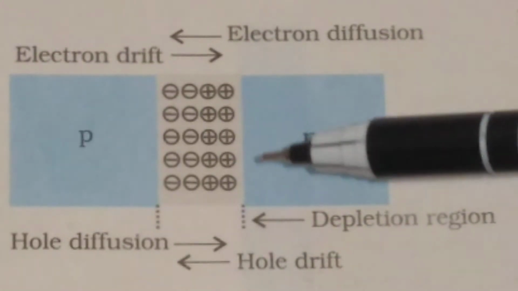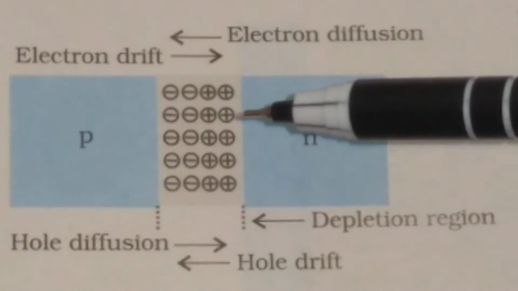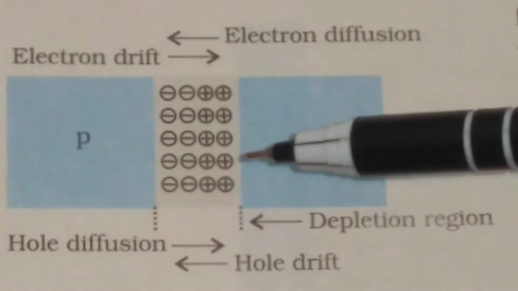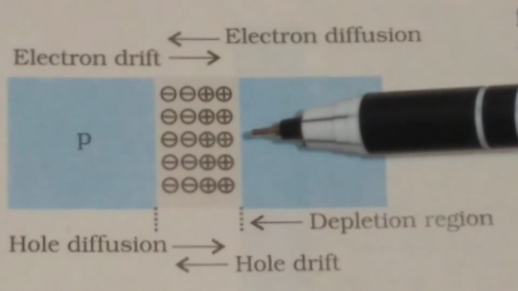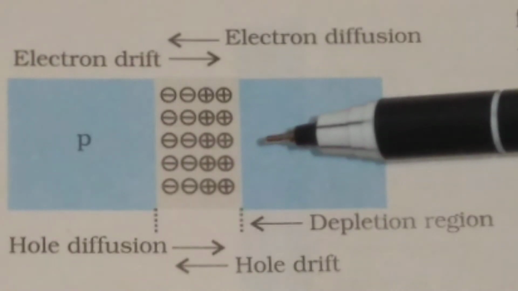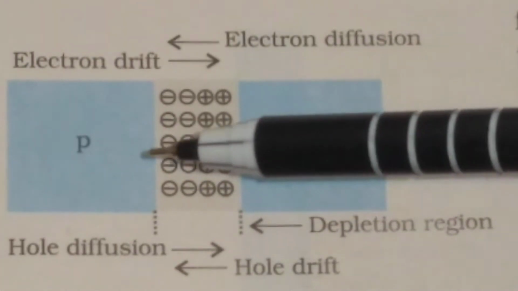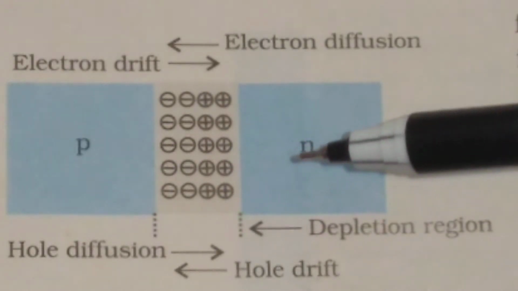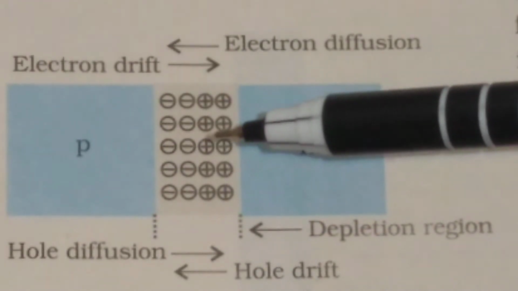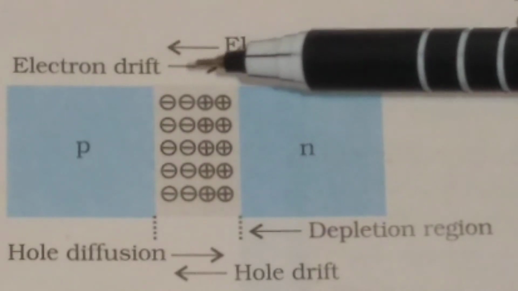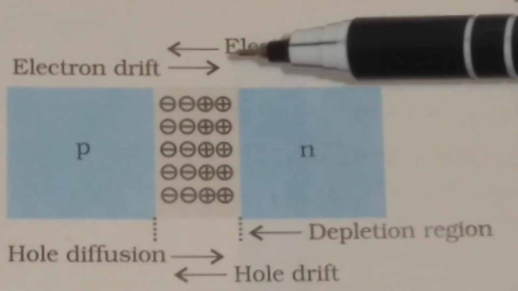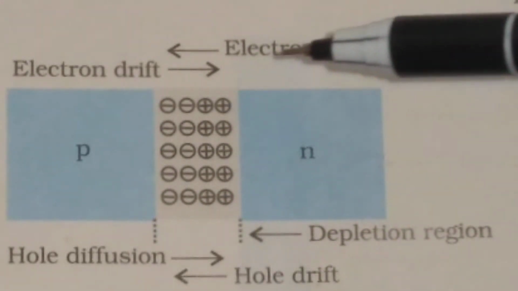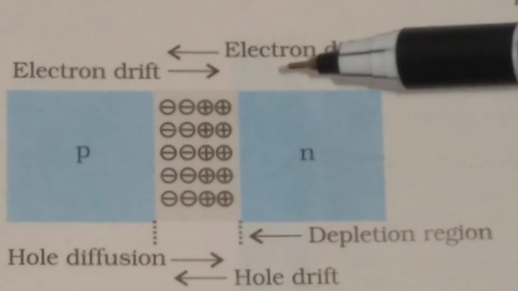Initially, the diffusion current is large because diffusion current starts due to the difference in concentration of the holes and concentration of the electrons, that is the charge carriers. That is why initially diffusion current is large and drift current is small.